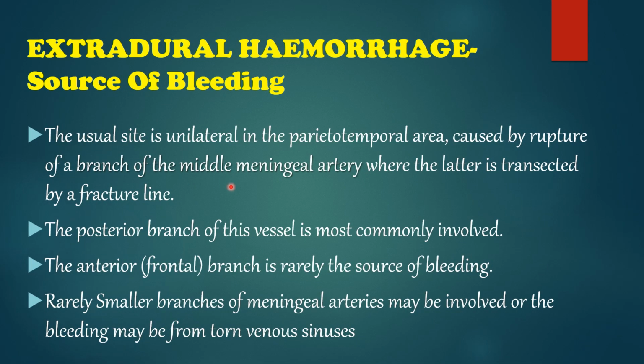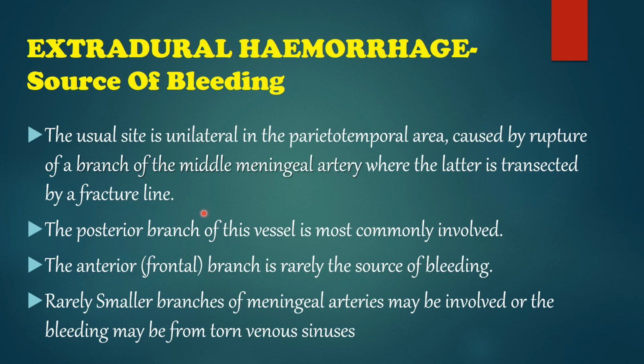Now, as for the source of the bleeding in extradural hemorrhage, it is usually a branch of the middle meningeal artery. The posterior branch is most commonly affected. The anterior branch is a rare source of bleeding. The ethmoidal artery can sometimes be involved, and in rare cases, some dural venous sinuses can be the source of the bleeding.